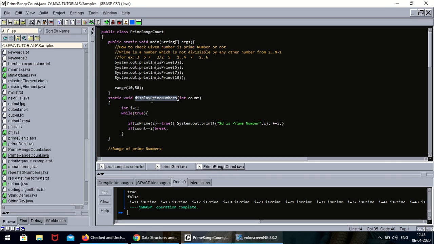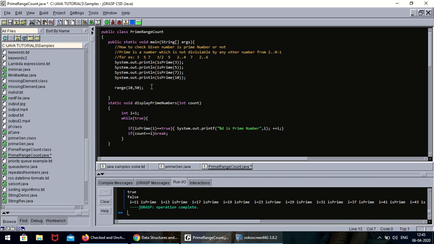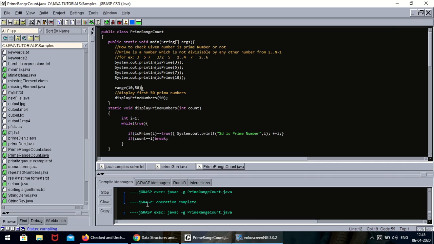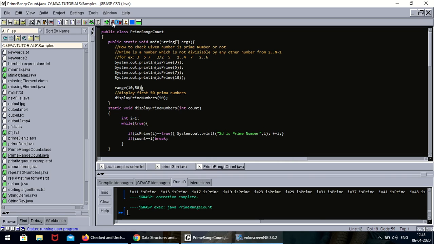Display first 100 prime numbers. Suppose the first 50 prime numbers. Let's see. Compiled successfully.